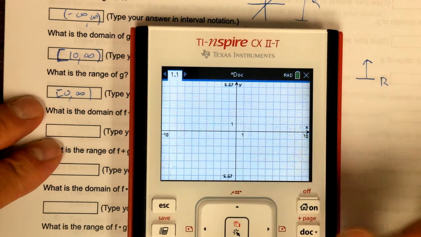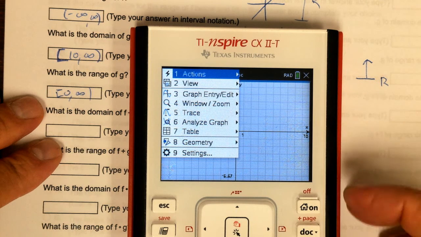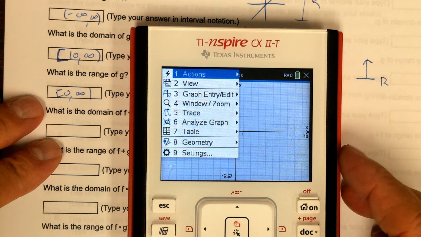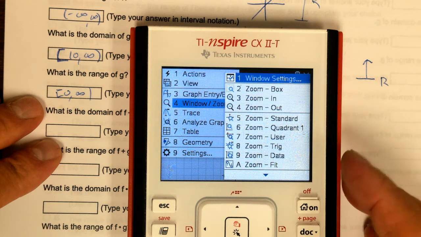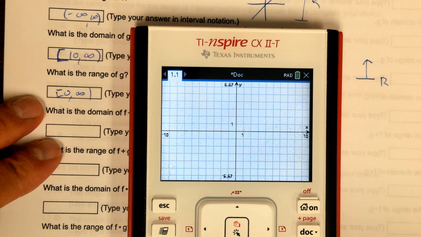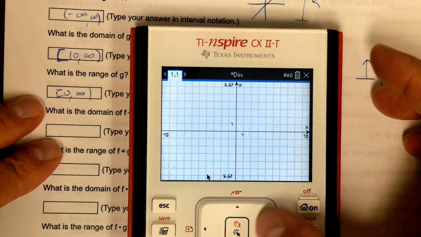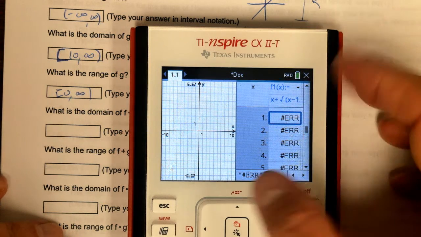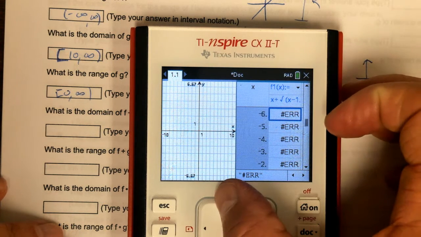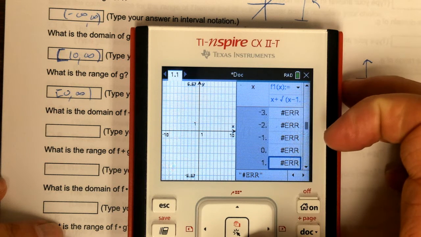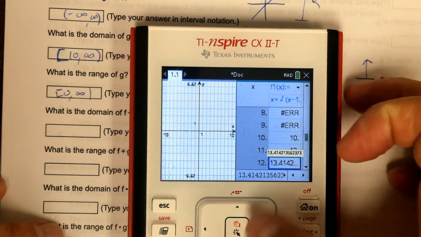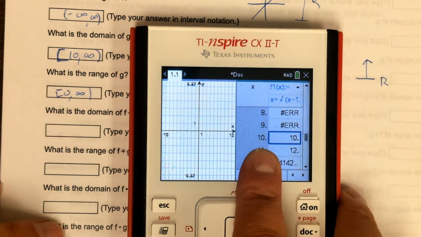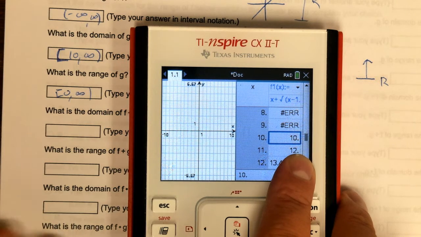It's not showing up, but you might want to do zoom fit. That didn't show up either. So maybe you want to look in your table first. You see all these errors. Okay, except at 10, I actually start seeing data.